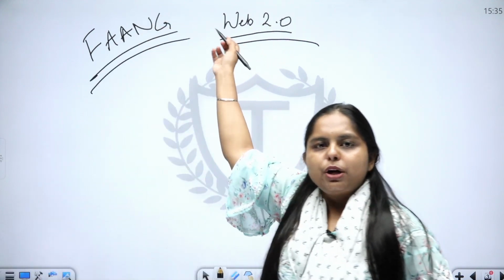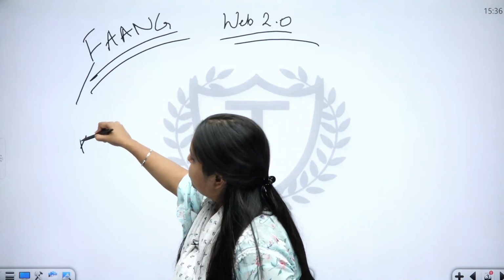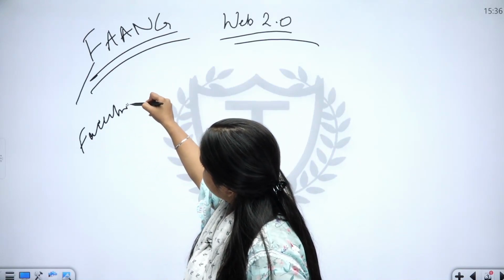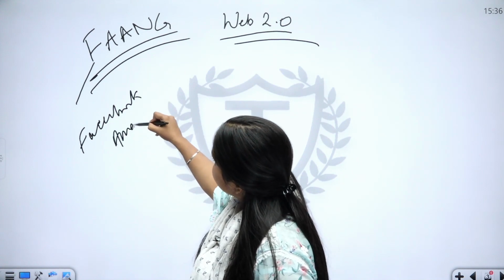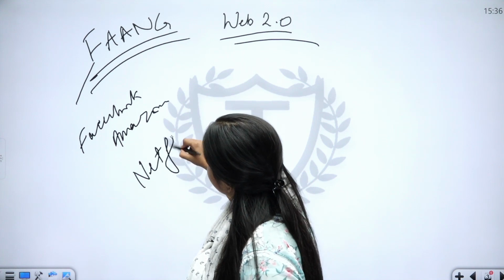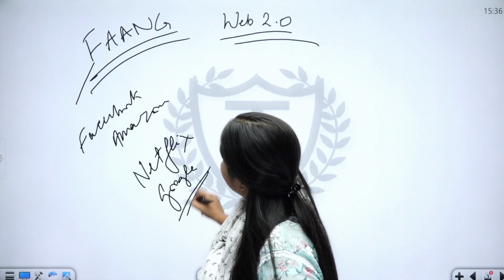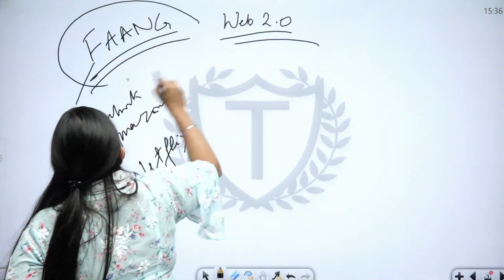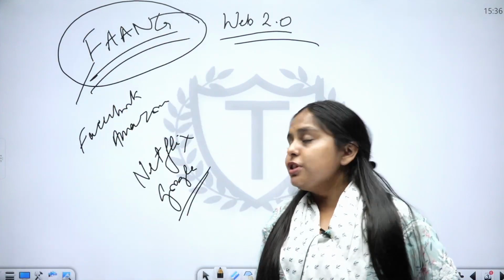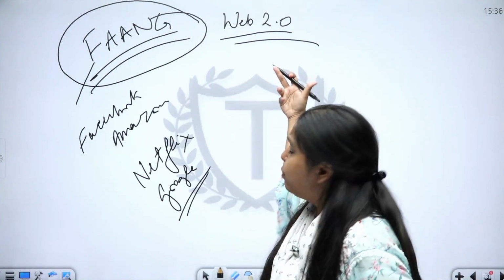Web 2.0 is often connected as being related to Facebook, Amazon, Netflix, Google. So this is what brings in FANG. Alright. So this is the slang that we use for Web 2.0.